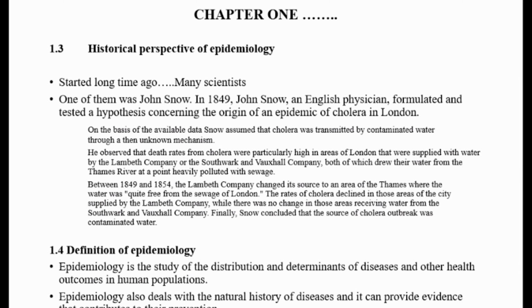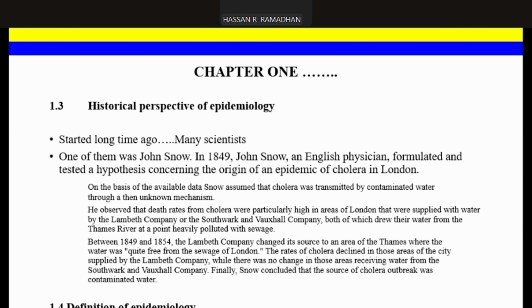Finally, Snow concluded that the source of the cholera outbreak was the contaminated water, because it was like there was a control group and a group which was intervened on by changing the source of water. So it made Snow understand the main cause of cholera in that area.